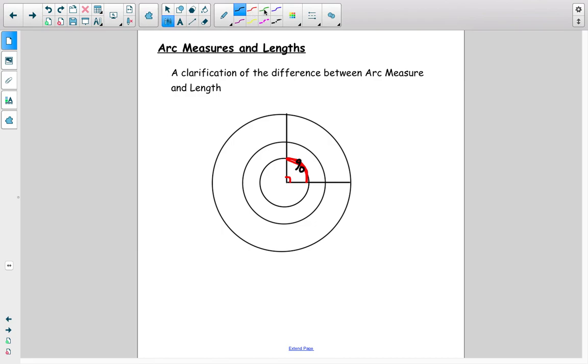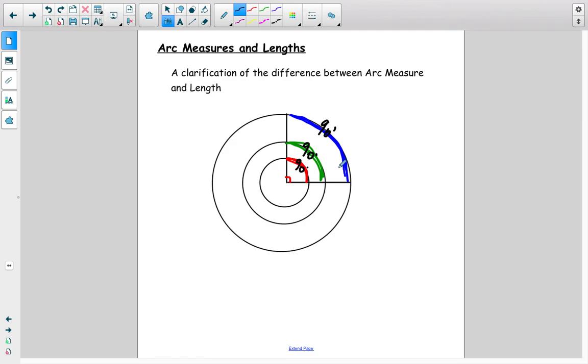Okay, well, I got another bigger arc right here, but its measure is the same as the central angle, which is also 90 degrees. And I got the biggest arc right here, and its measure is the same as the central angle, which is also 90 degrees. Okay, so all 3 of these share the same measure of 90 degrees.